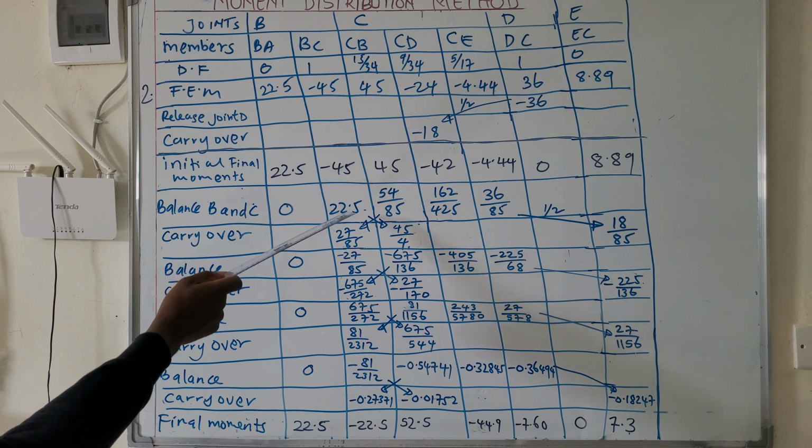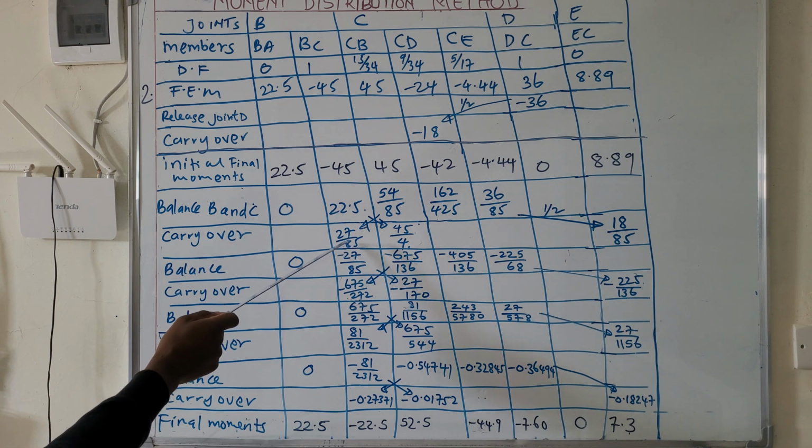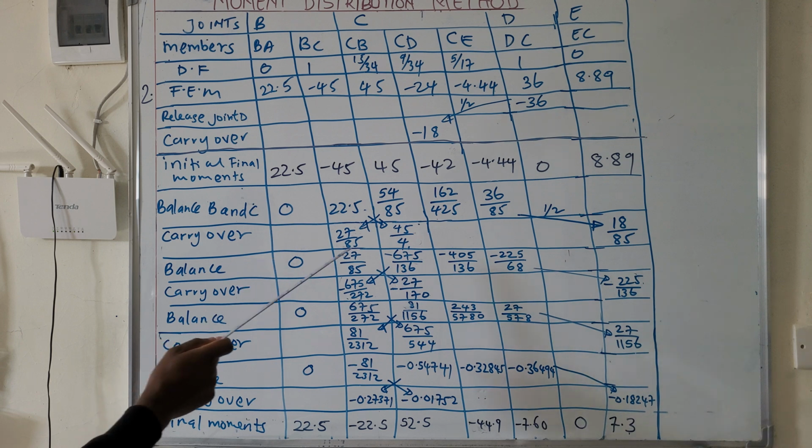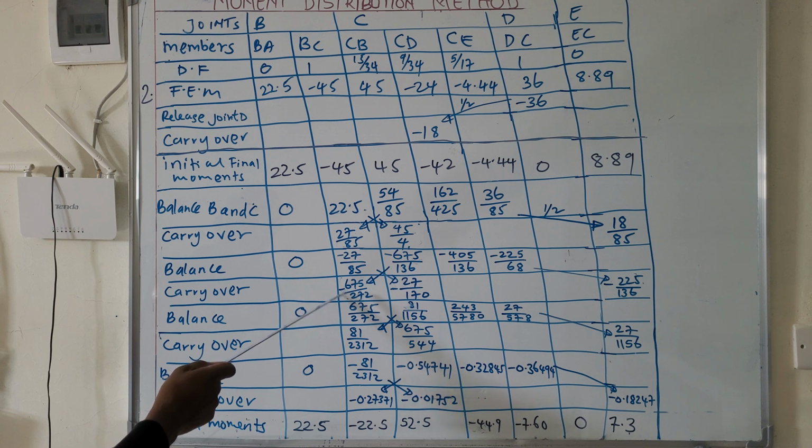Negative 45 plus 22.5 plus 27 over 85 plus minus 27 over 85 plus minus 675 over 275 plus 675 over 275 plus 81 over 2312 plus minus 81 over 2312 plus minus 0.27371, you get negative 22.5 to one decimal place.